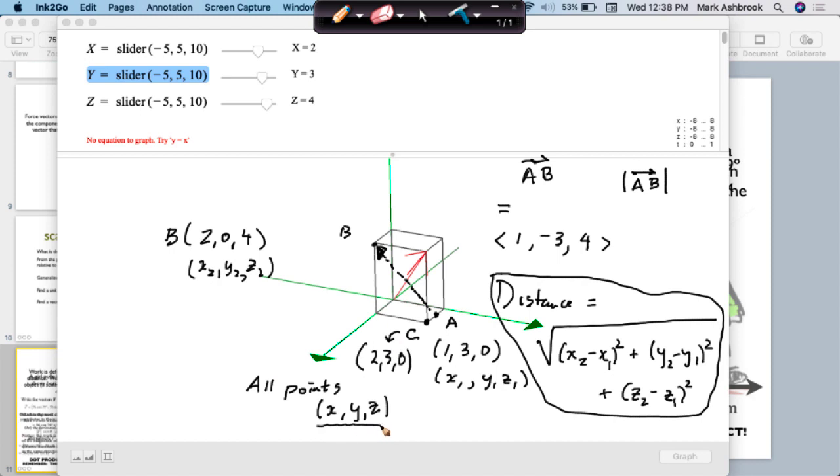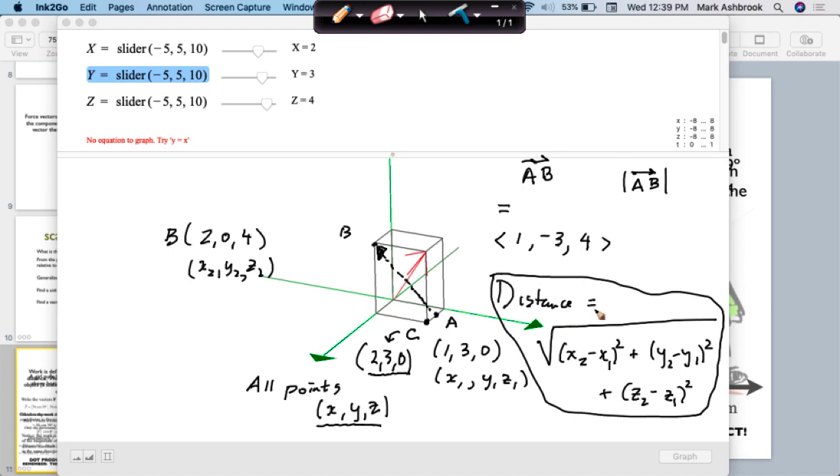So this is all points, and I want them to be a distance of 2 away from point C. So could you set that up? All points, meaning every point x, y, and z that is a distance of 2 away from C.